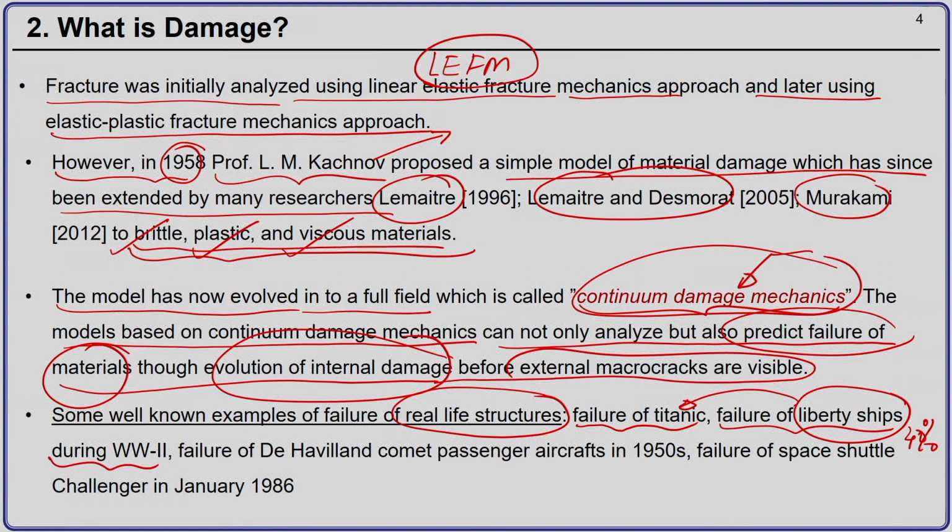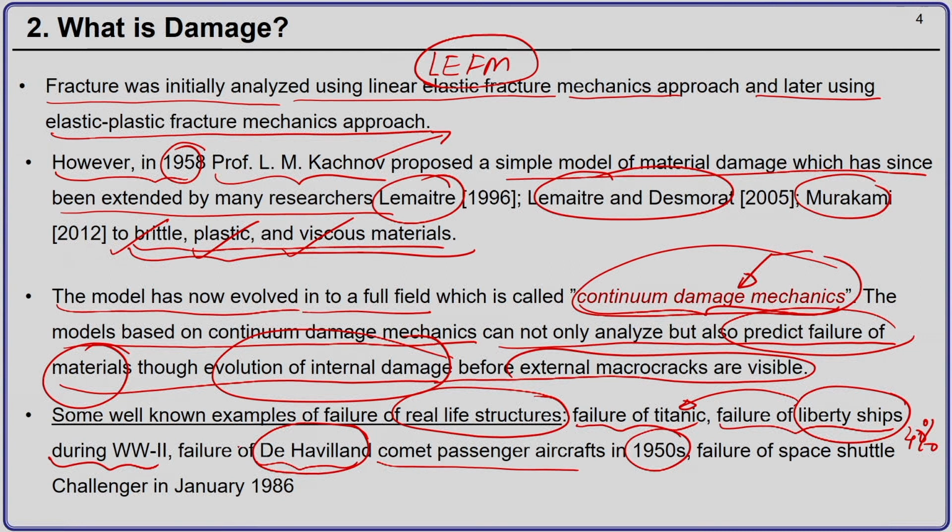Another very famous example is the failure of the de Havilland Comet passenger aircraft in the 1950s. This failure led to the rise of American companies in the passenger aircraft field, for example Boeing, which continues to this date.